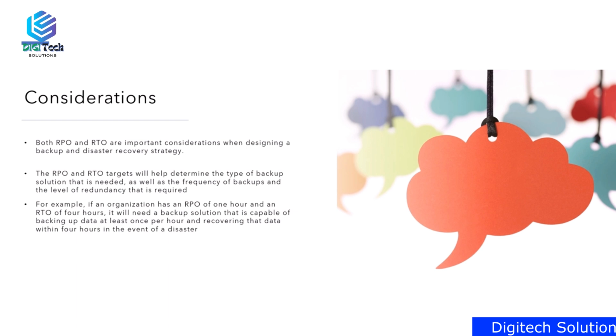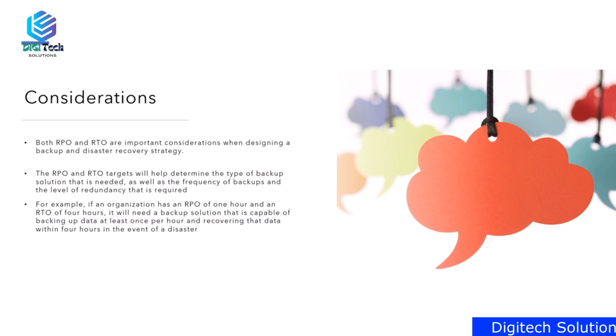For example, if an organization has an RPO of 1 hour and an RTO of 4 hours, it will need a backup solution that is capable of backing up data at least once per hour and recovering that within 4 hours in the event of a disaster. These RPO and RTO targets may require additional technologies and strategies such as replication, clustering, and failover, many of which we're going to cover throughout the course.